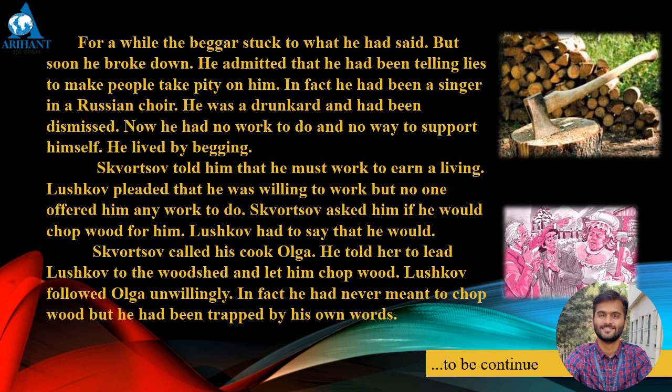Skvortsov called his cook Olga. He told her to lead Lushkov to the woodshed and let him chop wood. Lushkov followed Olga unwillingly because he did not want to work. In fact, he had never meant to chop wood, but he had been trapped by his own words.